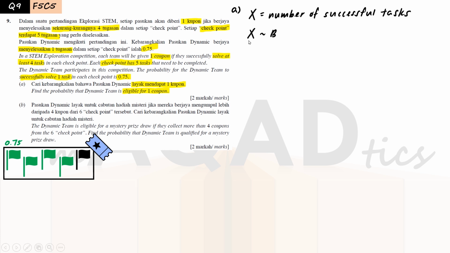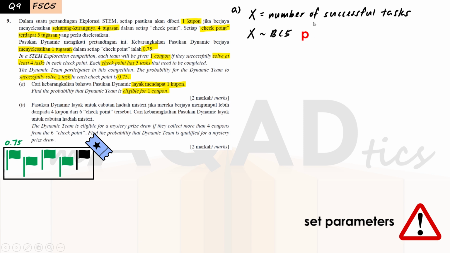Now x follows the binomial distribution, and we need to set 2 parameters. The first parameter is the number of trials. The number of trials to get this coupon is according to the number of tasks, right? If we have 5 tasks, we have 5 opportunities to get this coupon. So our number of trials would be 5.